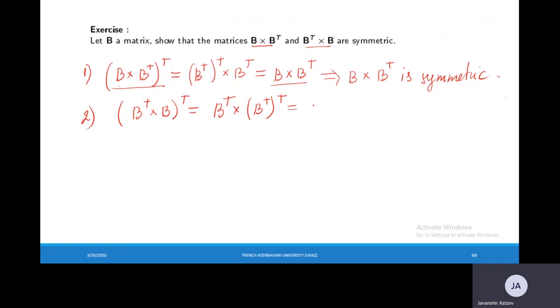This is also B. Then the transpose of this expression will be itself. These and these are the same. From here, the transpose of B times B will be a symmetric matrix. That's it.